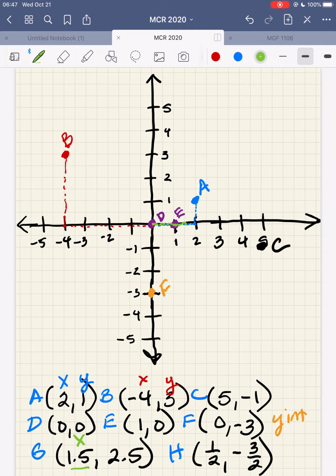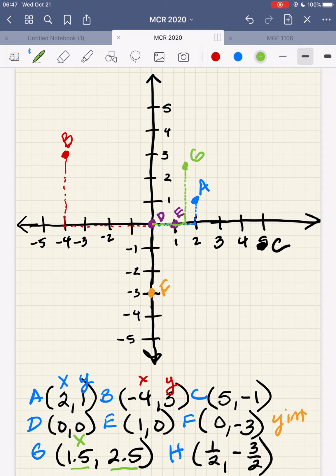I'm going to go to that half mark, but I'm not going to put a dot. That's not a point. Then I need to go up to 2.5. So I'm going to go up from 1.5. Be careful. I go up from here. I get to 2, but I go up that extra half. This is my point G.